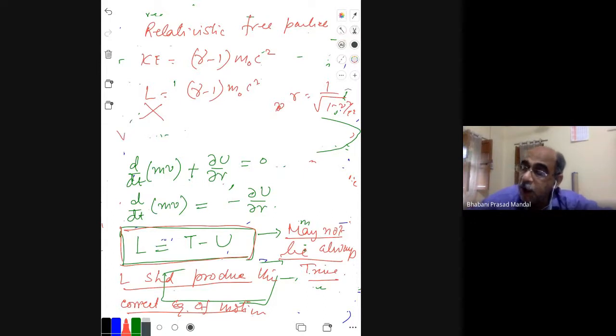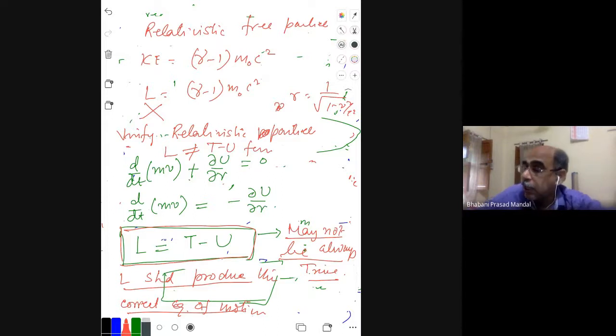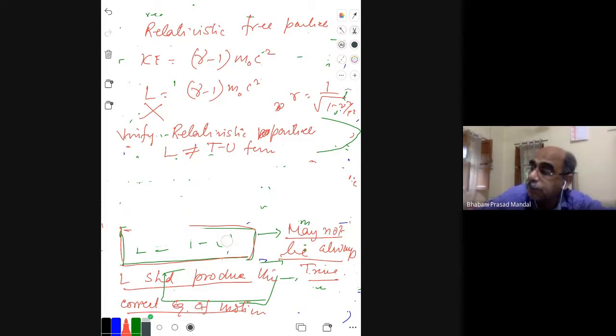So please verify that for a relativistic particle the Lagrangian is not of T minus U form. From this kinetic energy you calculate your equation of motion, and you will see that it is not the equation of motion of a relativistic particle.